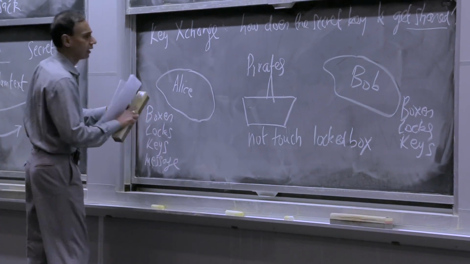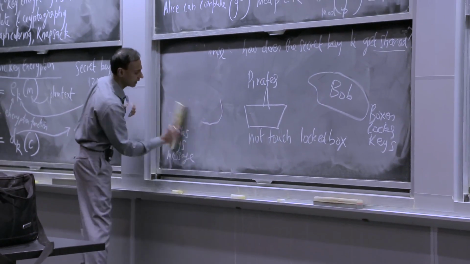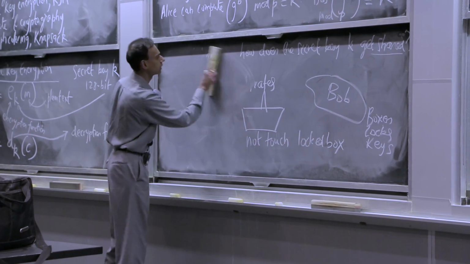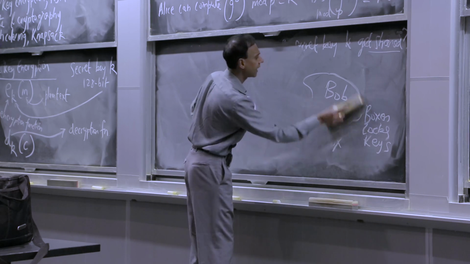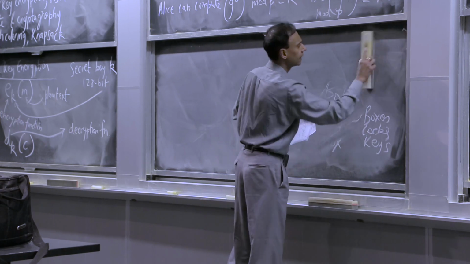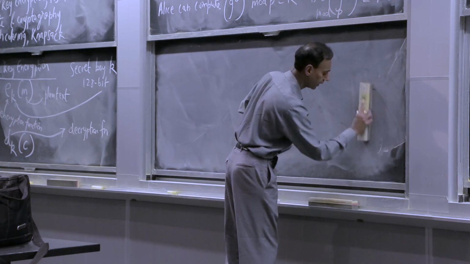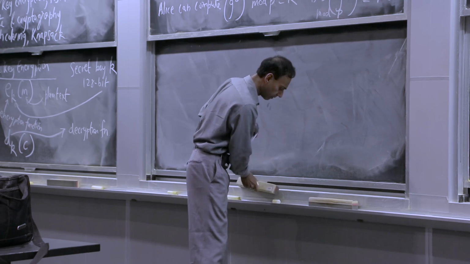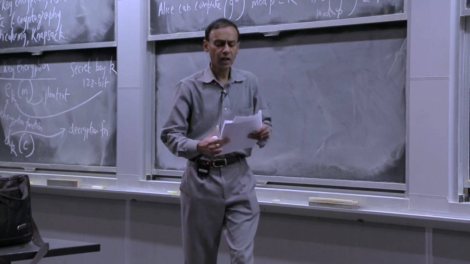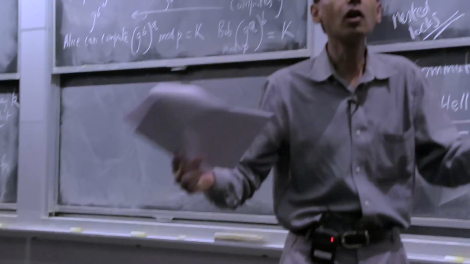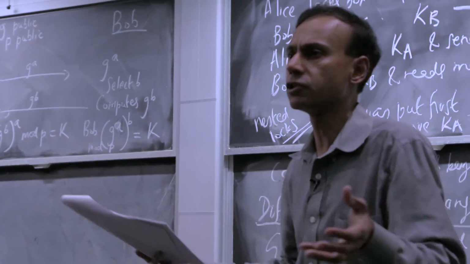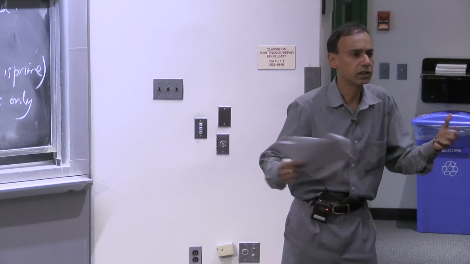The problem that the adversary, let's call him Mal, has is that he has to invert G of A in order to discover A. And in this particular finite field, and there are many such finite fields, you can think of this as being what's called a discrete logarithm problem. So we all know how to compute logarithms in the continuous domain.